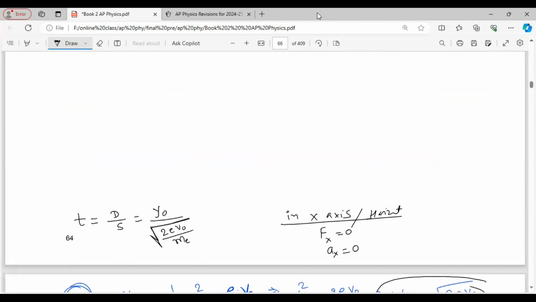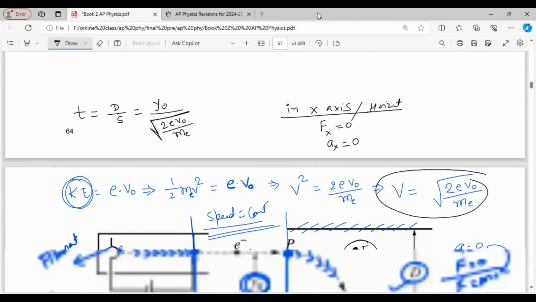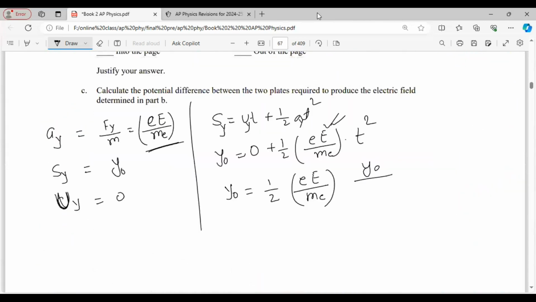Let's see again. y naught upon under root 2eV naught upon m of e. And we have to do the whole square also.